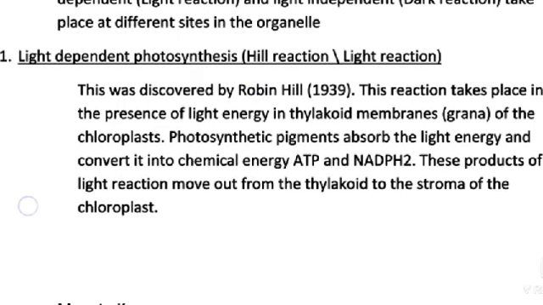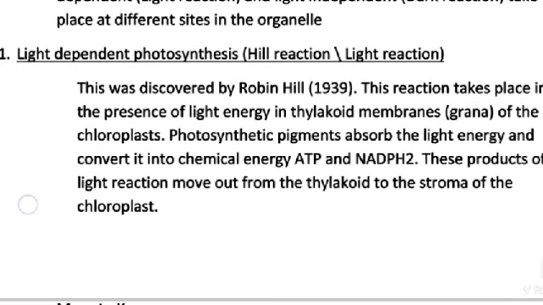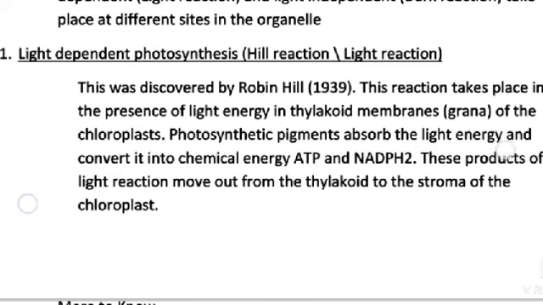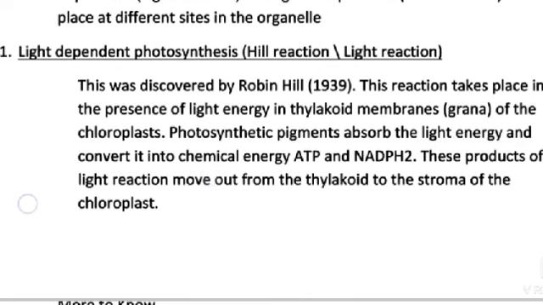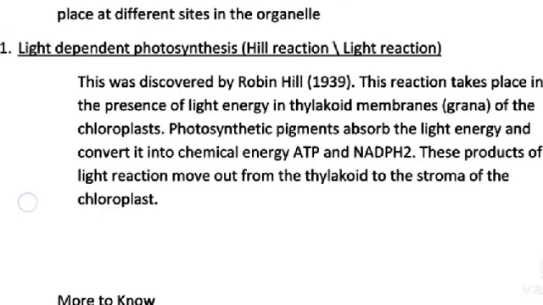This reaction takes place in the presence of light energy in the thylakoid membrane of the chloroplast. Photosynthetic pigments absorb the light energy and convert it into chemical energy, ATP and NADPH2. These products of light reaction move out from the thylakoid to the stroma of chloroplast.